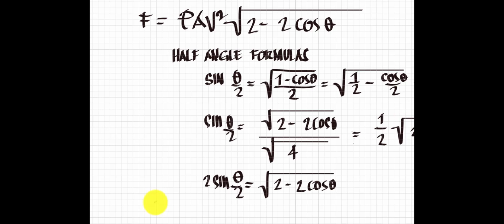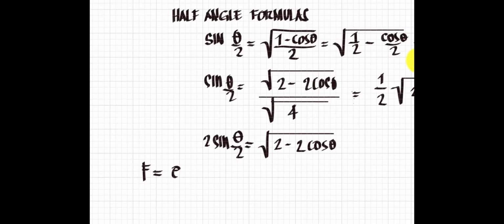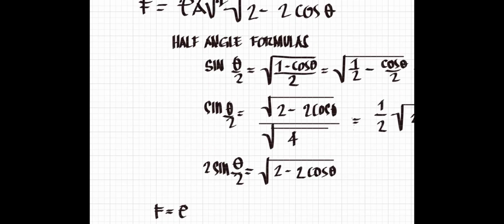Okay, so we can write now our force is equal to your density, that will be area, times your velocity. Oh, sorry, this is the velocity squared. Then the value, that will be 2 times sine of theta over 2.